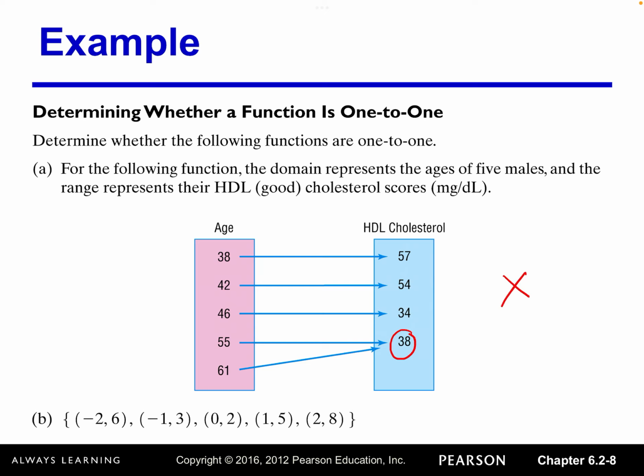If both x and y have no repeated values, then it's a one-to-one function. Let's check x first: -2, -1, 0, 1, 2, all distinct values. Let's check the y: 6, 3, 2, 5, 8, all distinct values. So this is a one-to-one function.